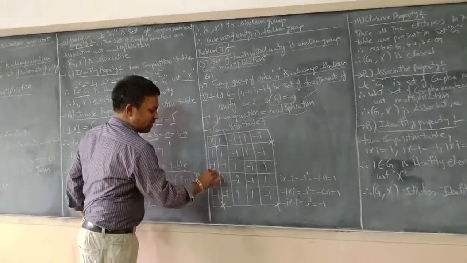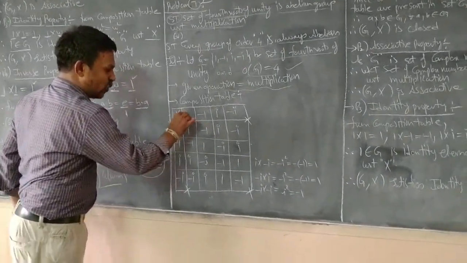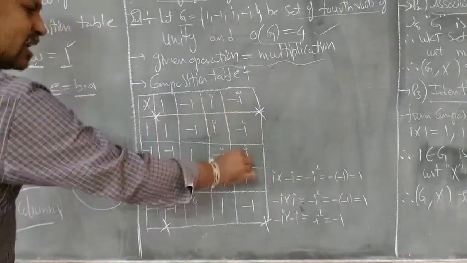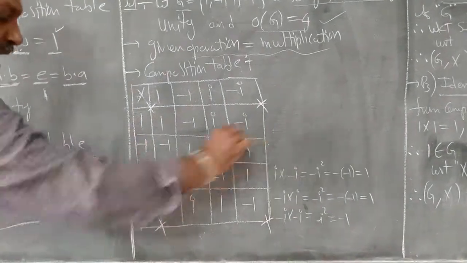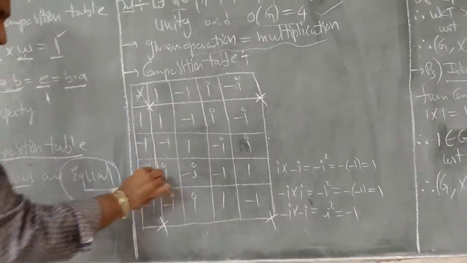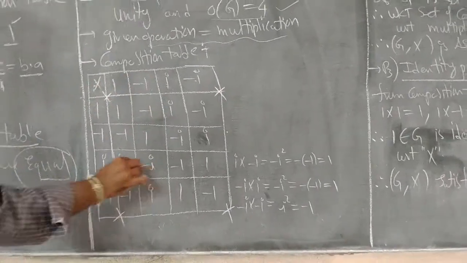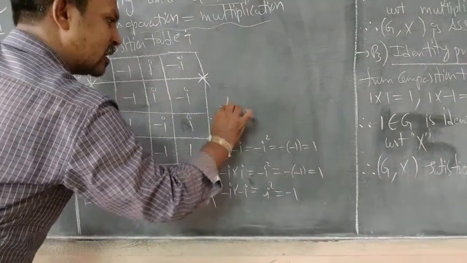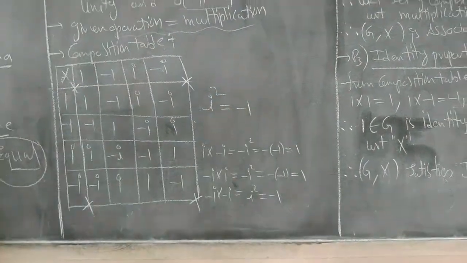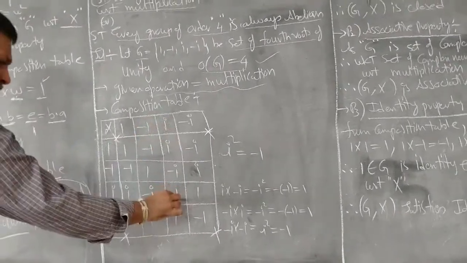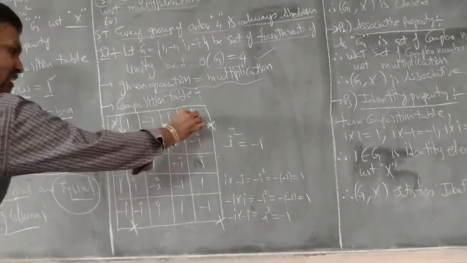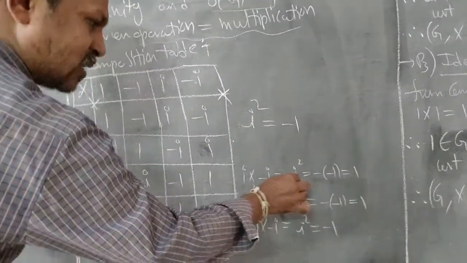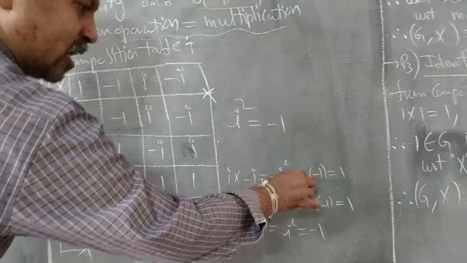The second row elements are entered as -1 into 1, -1 into -1, -1 into i, and -1 into -i. If I go to the third row entries, i into 1 is i, i into -1 is -i, i into i is i square, where i square is equal to -1. And i into -i is -i square, where the minus is written outside of the brackets.